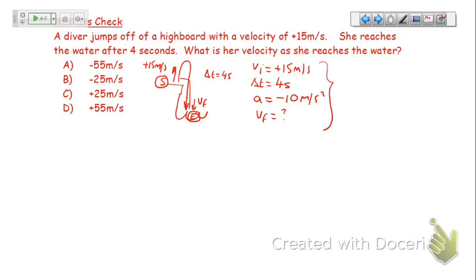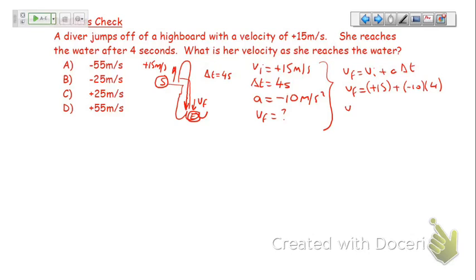So let's have a look. VF equals VI plus AT. So VF equals VI, which is plus 15, plus A, which is minus 10, times delta t, which is 4 seconds.